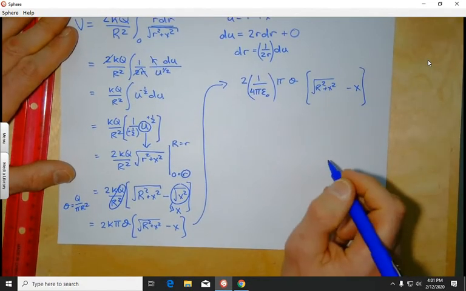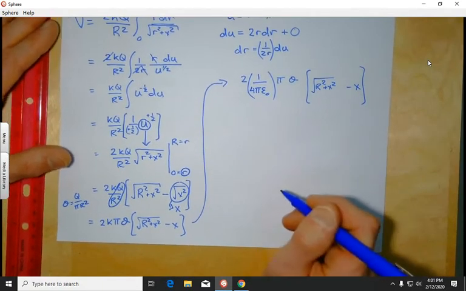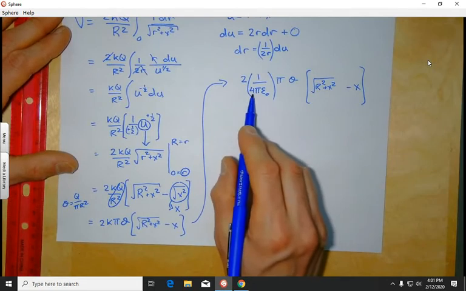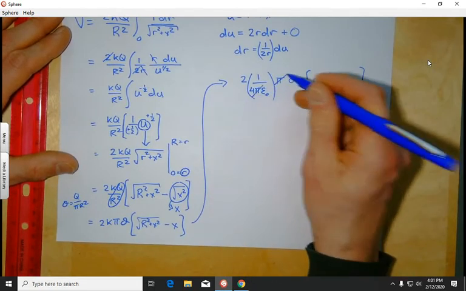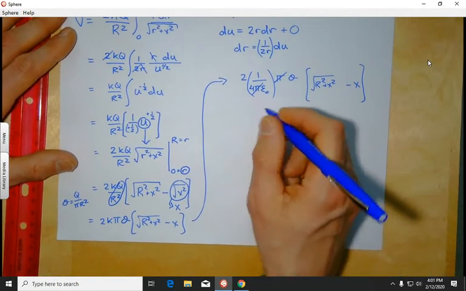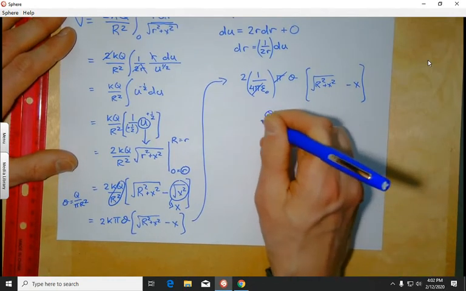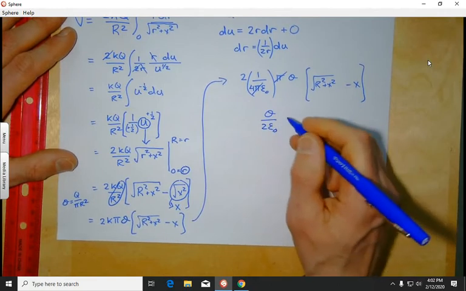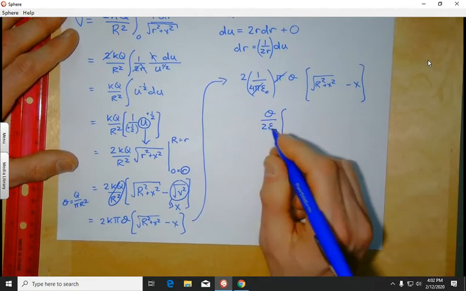Sorry, it's a little bit tedious to multiply all this stuff. But I'm going to use that to get to something which is kind of simple here. Out in the front.